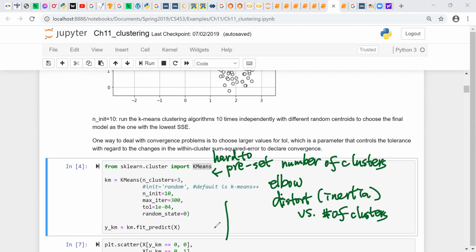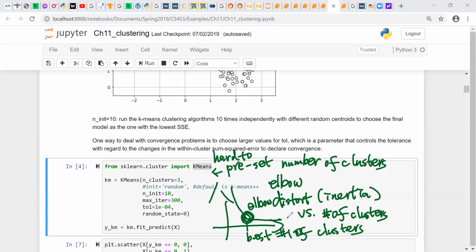Graphically, you remember it's like an elbow. This turning point, this elbow point, will tell you the best number of clusters. Here is the number of clusters, here is the inertia, the distortion. The distortion is the sum of the squared error within clusters. So that's elbow, okay?